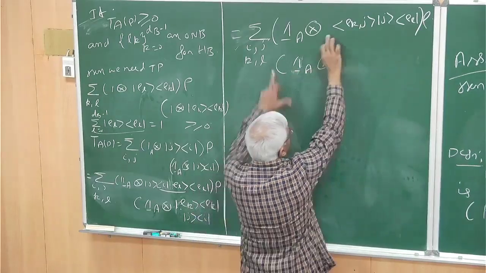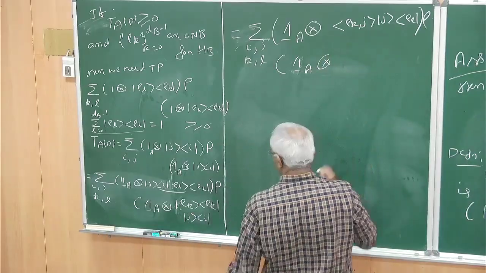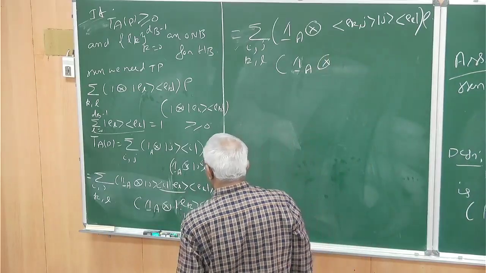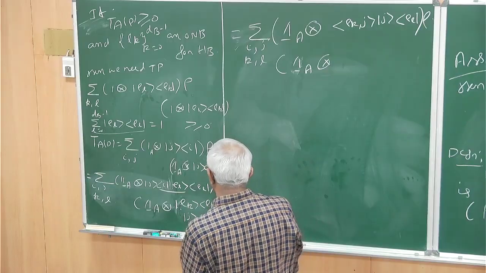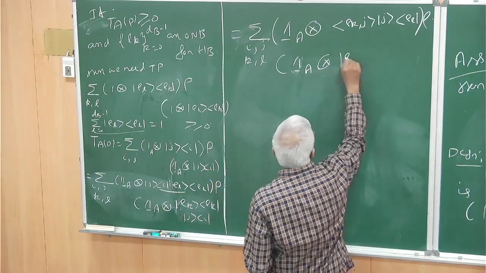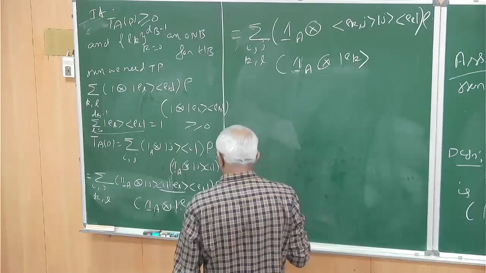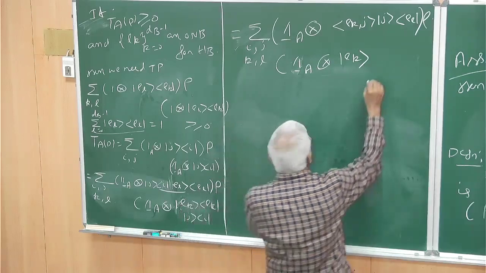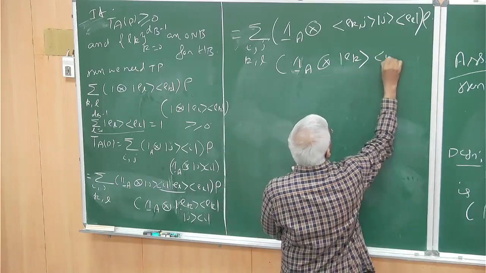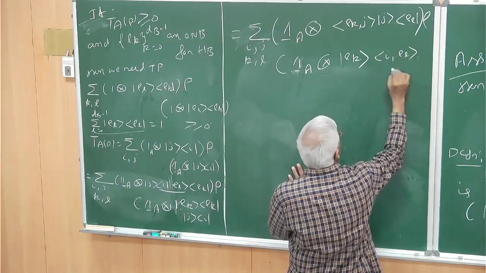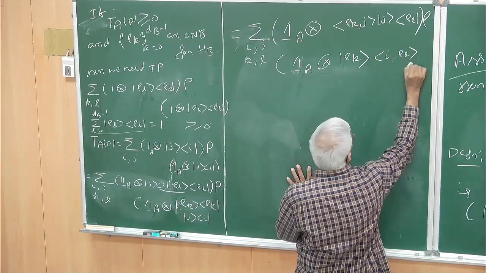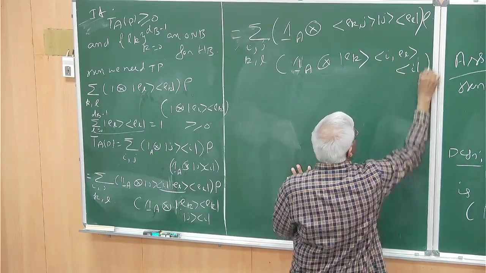We are just passing through this tensor, the second component, we are just passing it through. So I have <i|e_l>, which I want to bring here, so I have |e_k>, and <i|e_l>, the inner product with |i>, and <e_l| acting on this vector.